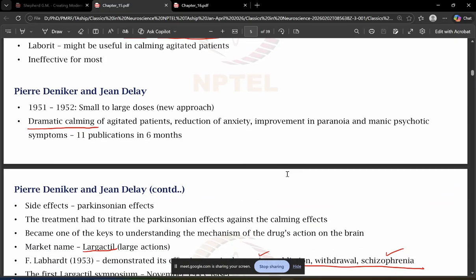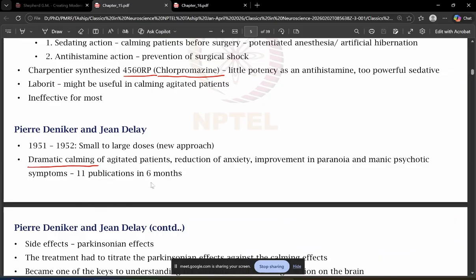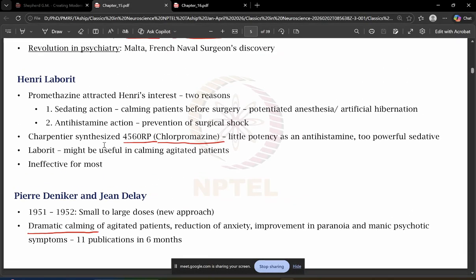Because of what they showed, there was suddenly a huge boom in publications. In 1952, in 6 months, 11 publications had come regarding the role of chlorpromazine as an antipsychotic agent.